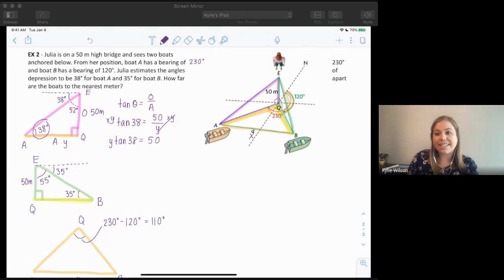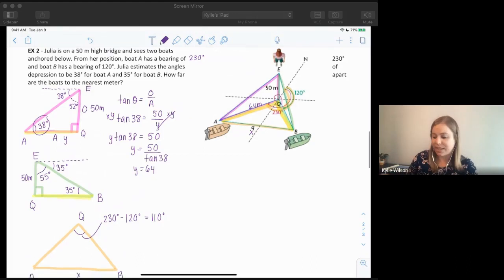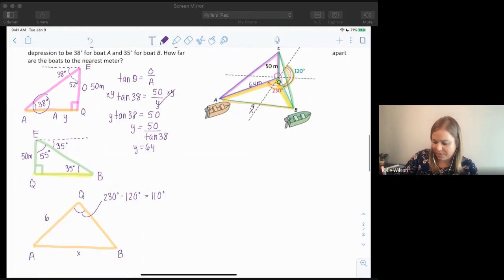And again, to get y all by itself, we need to divide out that tan. So we'll get y equals 50 divided by tan 38. And that will give us 64. So that means right here is 64 meters, and I can put that into my orange triangle like that.